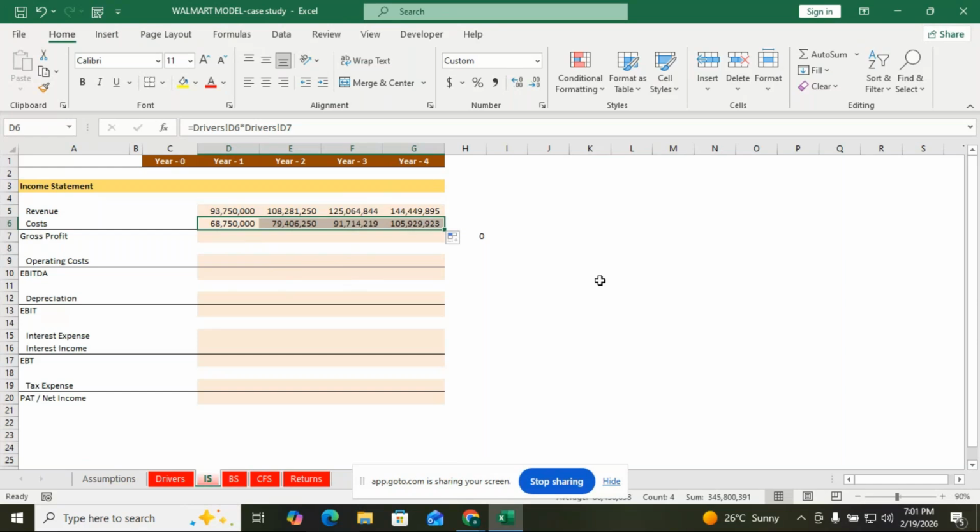So compute your revenue and the cost. Ma'am, can you please do the revenue and cost again, the first year one? For the first year, you want me to repeat both?